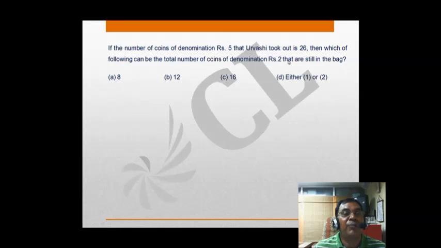If the number of coins is 5, then Uri's target is 26. Then it can be the total number of coins that are still in the bag. I'll do the same way. 26 into 5 is 130.